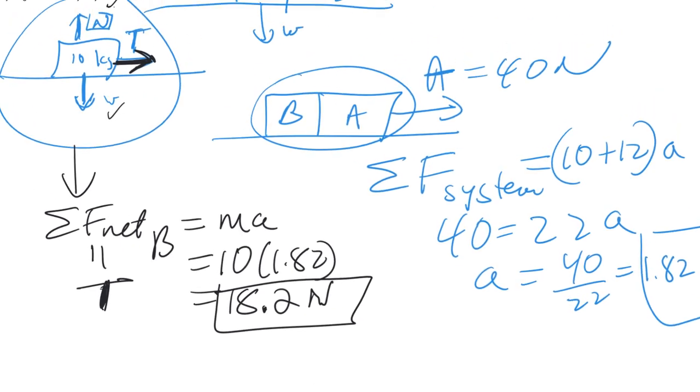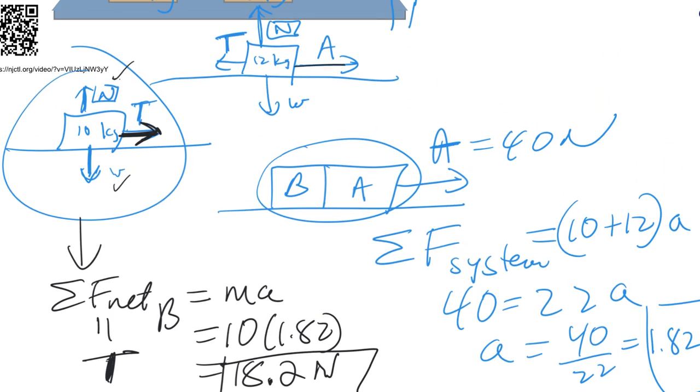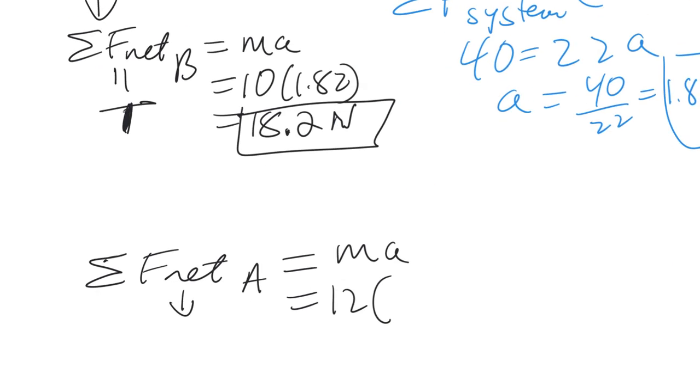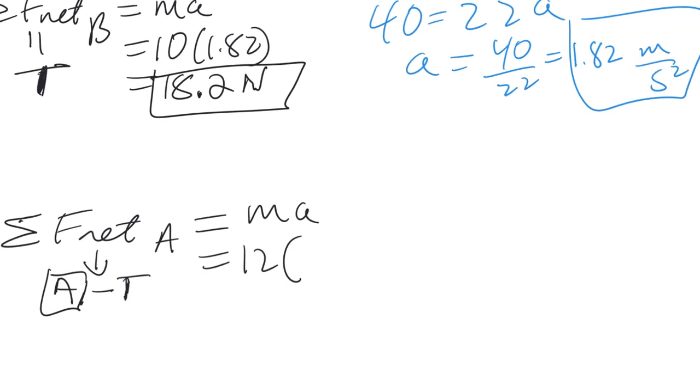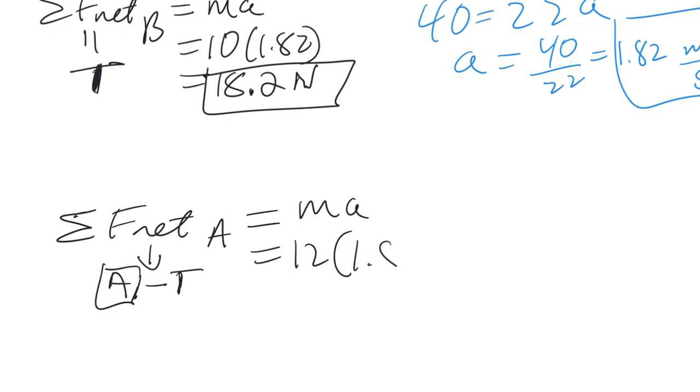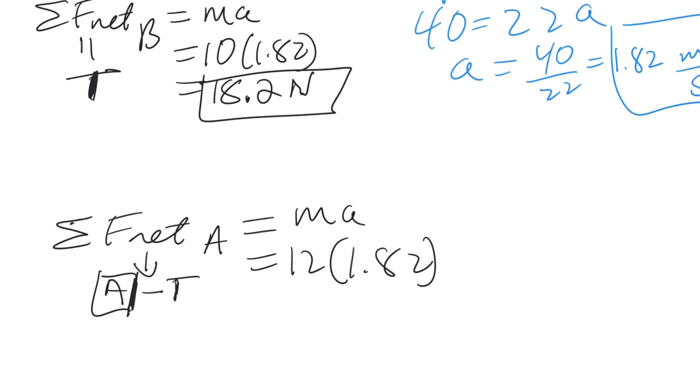F net for box A would be the applied force minus tension, so it's a little more complicated. So this would be the applied force minus the tension equals the mass times the same acceleration, 1.82. Okay. I know the applied force is what, 40?